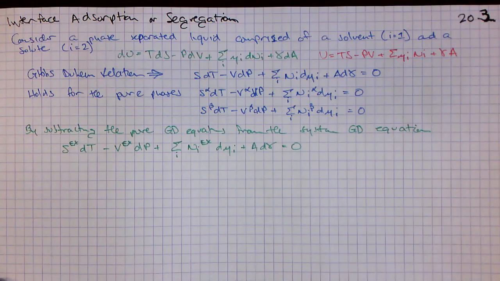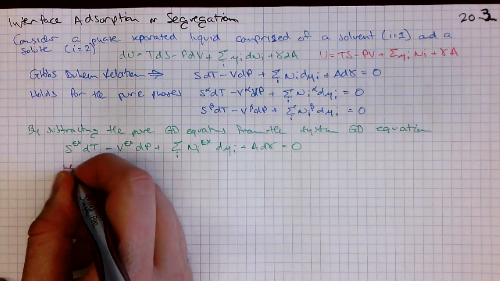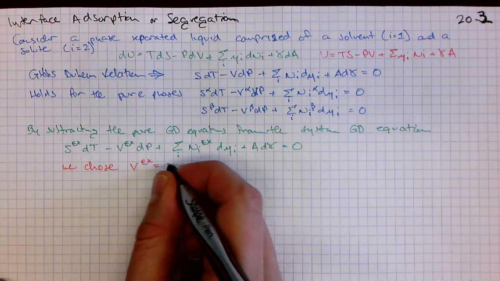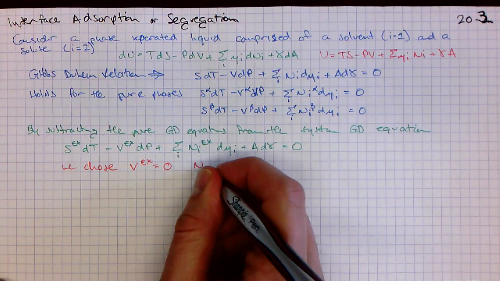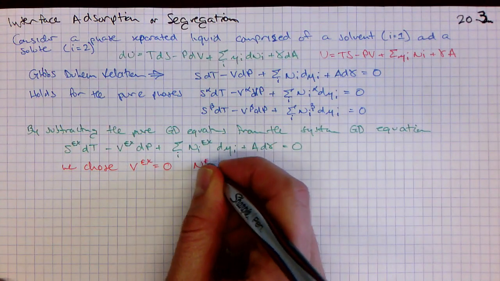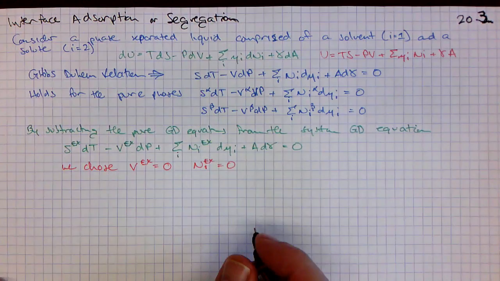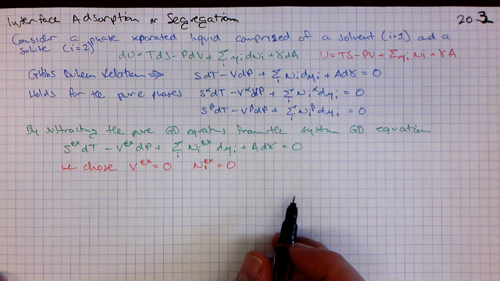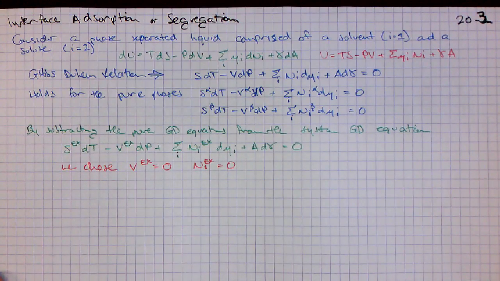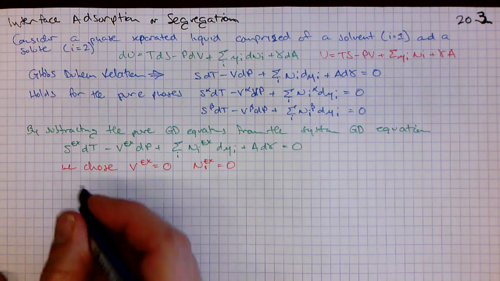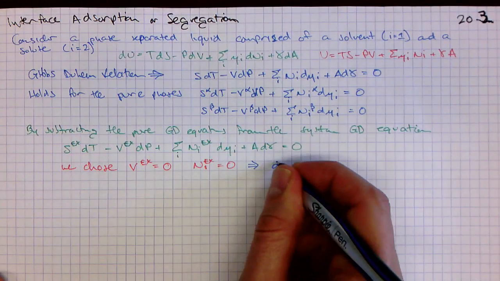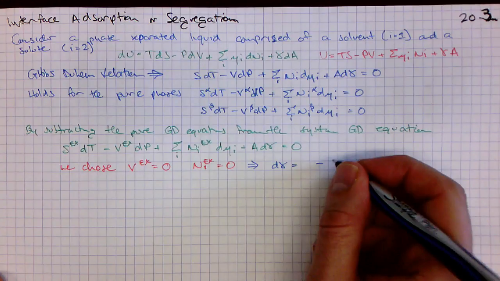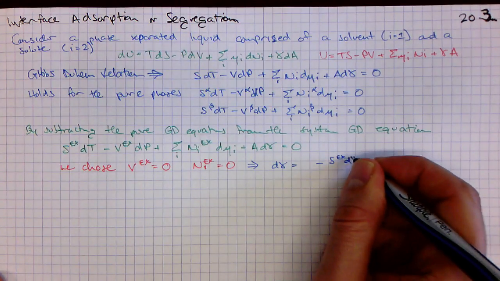And now we're going to use the fact that we chose to put the interface such that V^ex is 0 and N_1^ex is 0. So what we end up getting at the end of the day is that d gamma is equal to minus S^ex over A dT.